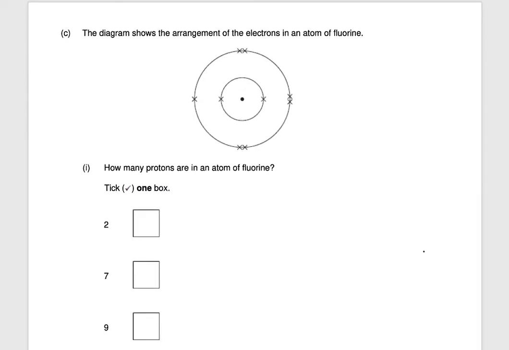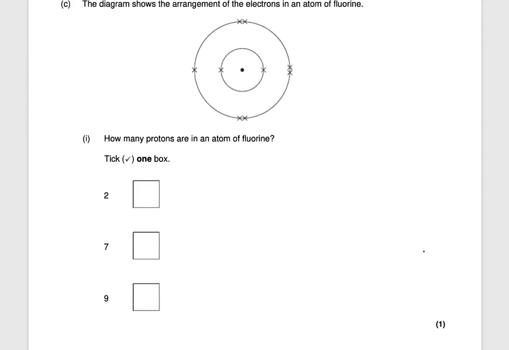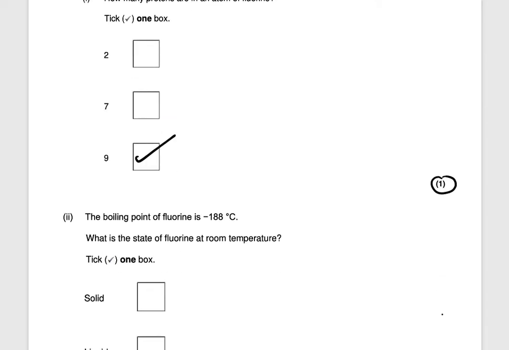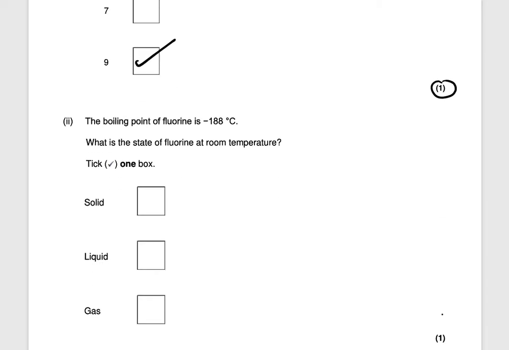Okay, next question. How many protons are in an atom of fluorine? Well, if we have a look, we have 2 there. Add the 7 on the outer shell, and that's going to give us 9, worth 1 mark. Okay, next question. The boiling point of fluorine is minus 188 degrees.